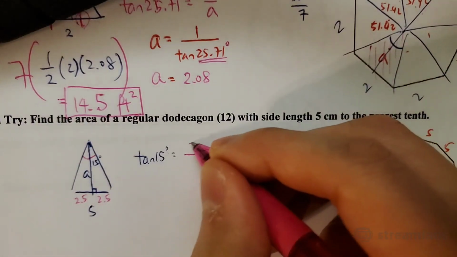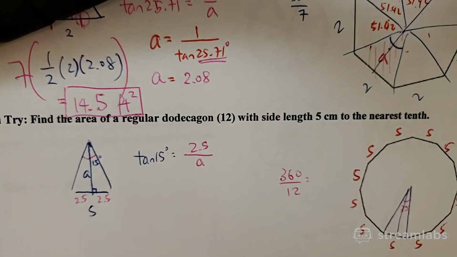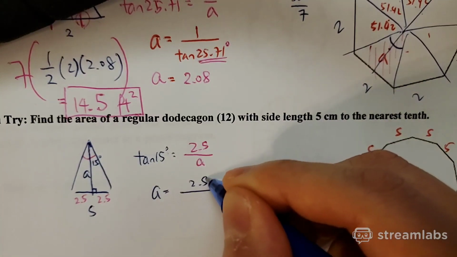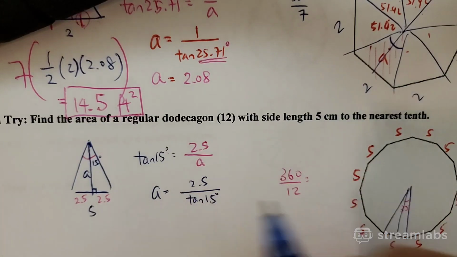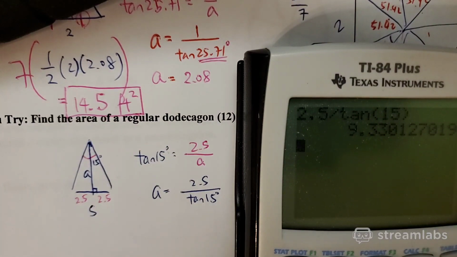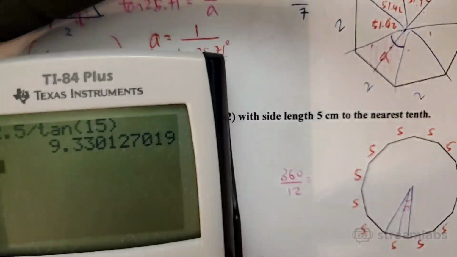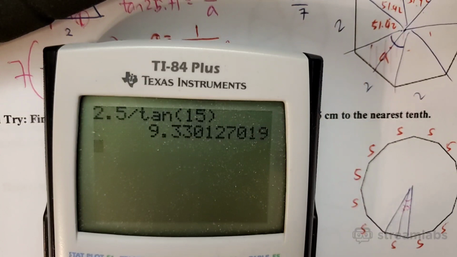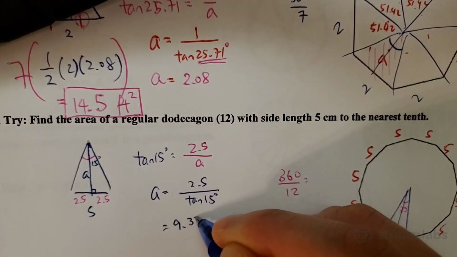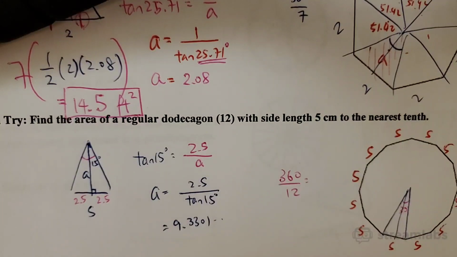So then it will be 2.5 over A. So in other words, your apothem should be equal to 2.5 divided by tangent 15, which is this number, 9.3301. So I'll keep this 9.3301. Okay, I'll keep as many digits as I can. I'll keep it in my calculator, so when I multiply it through, it will work.